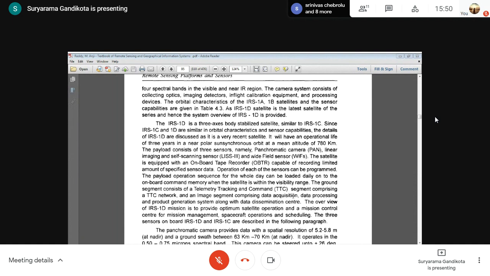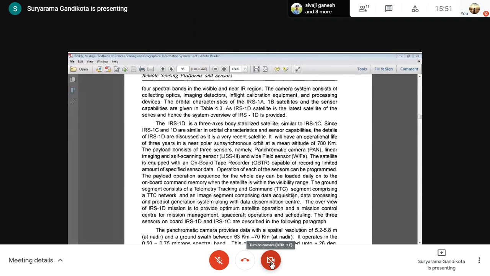The satellite is equipped with an onboard tape recorder capable of recording a limited amount of specified sensor data.